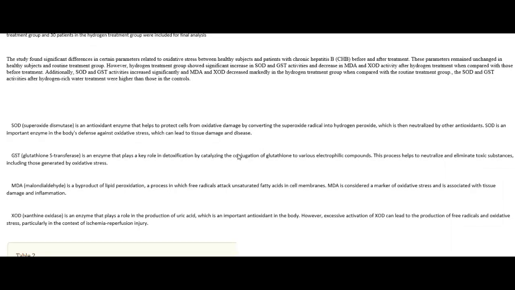When compared with those before treatment, SOD and GST activities increased significantly, and MDA and XOD decreased markedly in the hydrogen treatment group when compared with the routine treatment group. The SOD and GST activities after hydrogen-rich water treatment were higher than those in the controls.